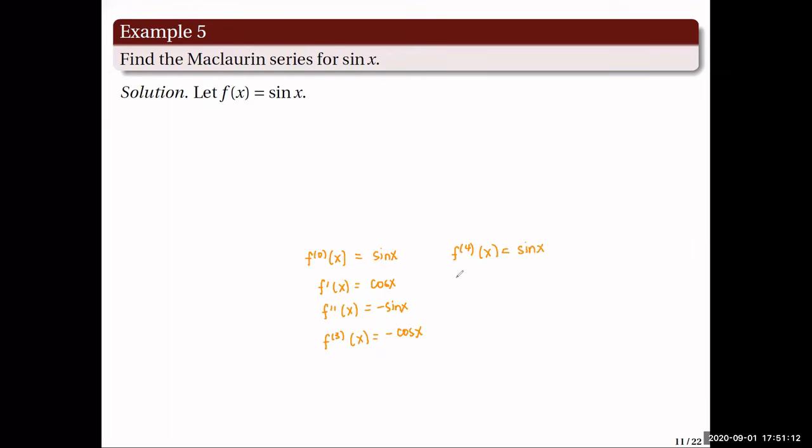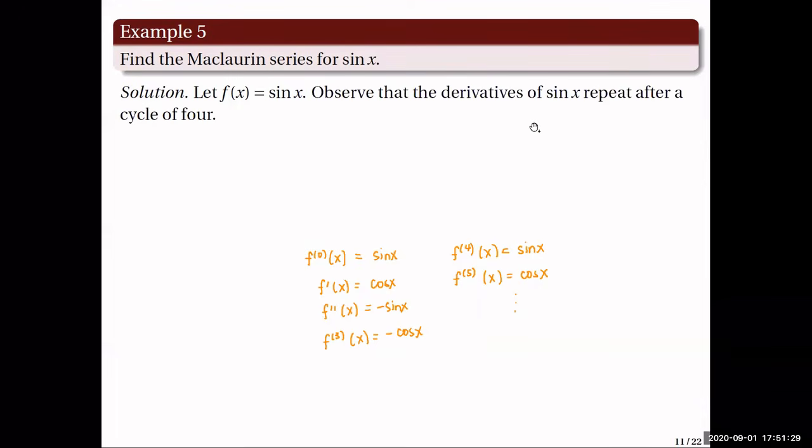So notice that if I differentiate this further, we get the fifth order derivative of f, which is equal to cosine x. Okay, and you know the pattern, right? So observe that the derivatives of sine x repeat after a cycle of 4. Okay, and so for any natural number k, we have the following expressions for the nth order derivative of f of x.